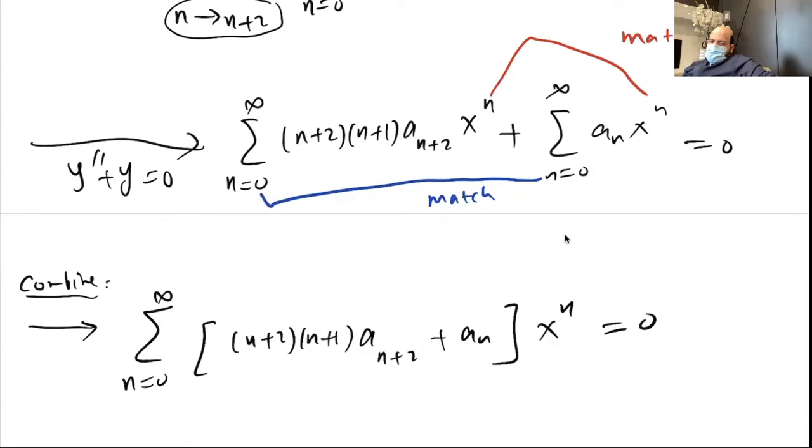Or if these indices didn't match, let's say it's from 0 to infinity for this one and 1 to infinity for that one, then I couldn't have just said 0 to infinity. So it's important that before you combine, you make sure that these powers and these indices match.